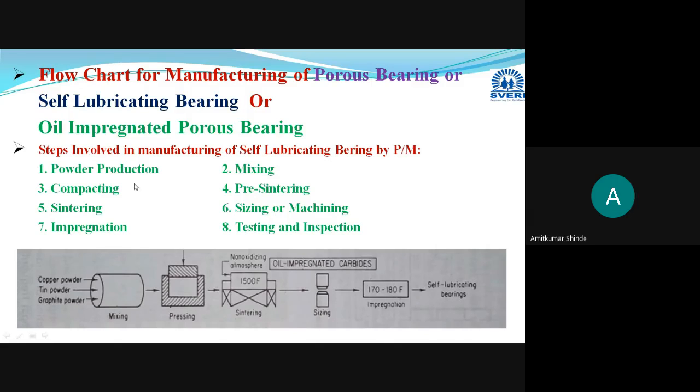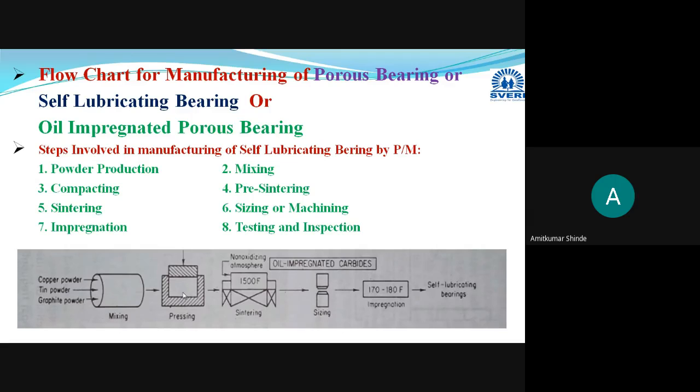I will explain it in short. The uniform and homogeneous mixture of copper, tin, and graphite powder is filled in the die cavity with the help of a hopper or feed shoe. Then the volume can be adjusted by raising or lowering the plungers. This is the filling process. Then pressure can be applied with the help of only one plunger, or you can use both plungers or punches. Here you have to mention the pressure values.